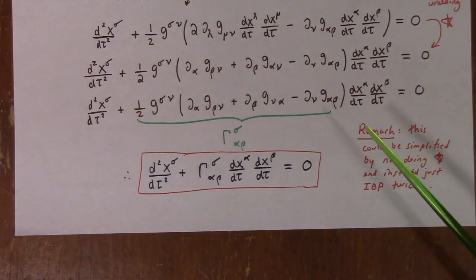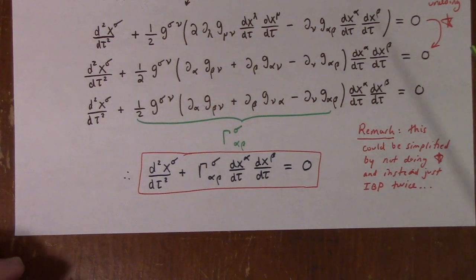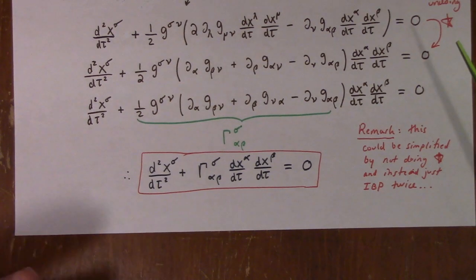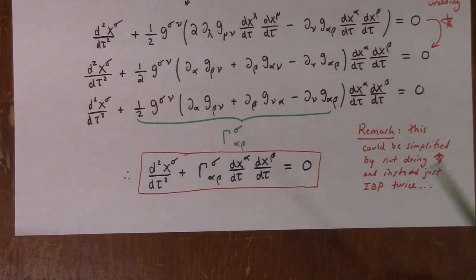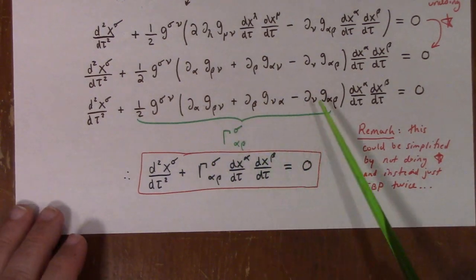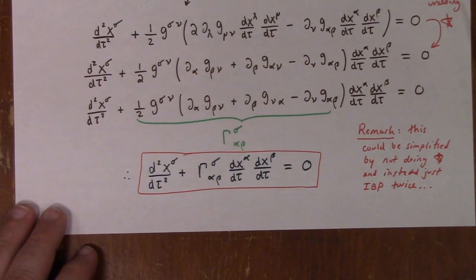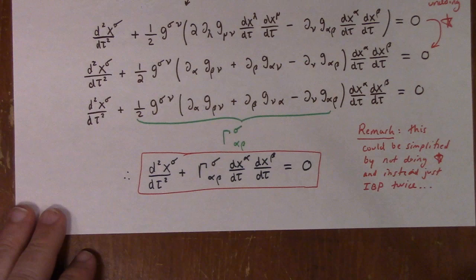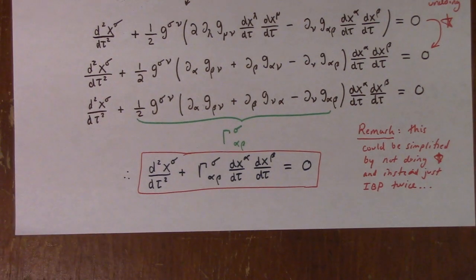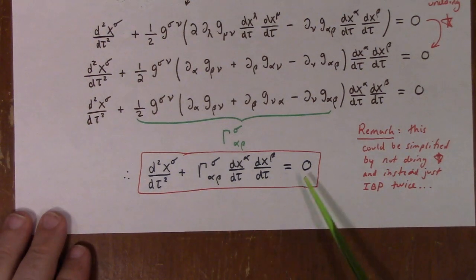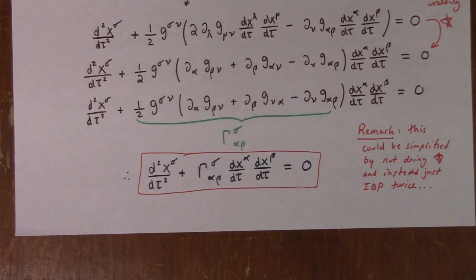Or if you follow Carroll, he uses the covariant derivative of the metric tensor, and again essentially does the same calculation, added 3 different ways, things cancel, and this equation pops out for the Christoffel symbols. So while the motivation looks slightly different, Frankel versus Carroll, it all boils back down to adding 3 things together and some cancellations. Anyway, so there it is. That's the geodesic equation derived from the variational principle.